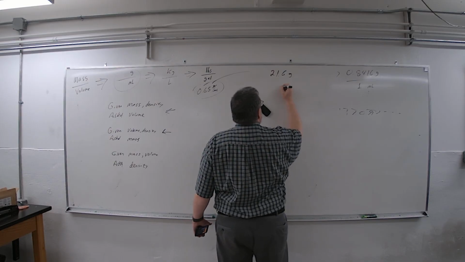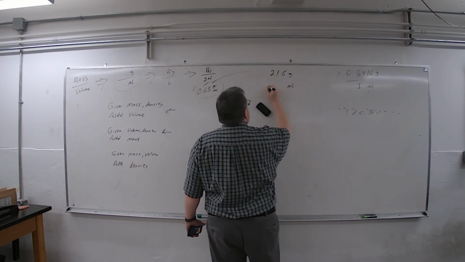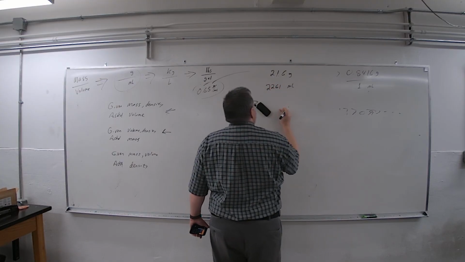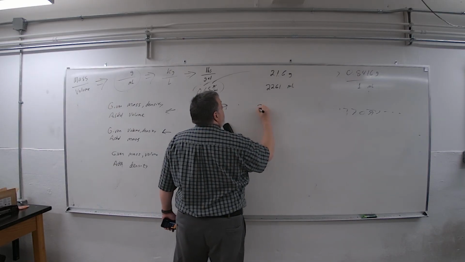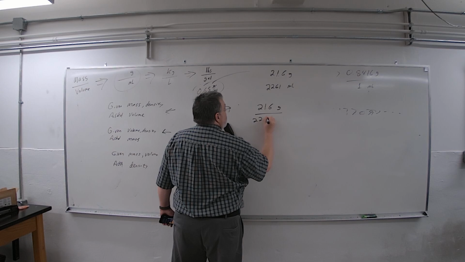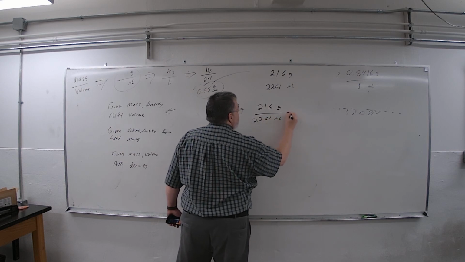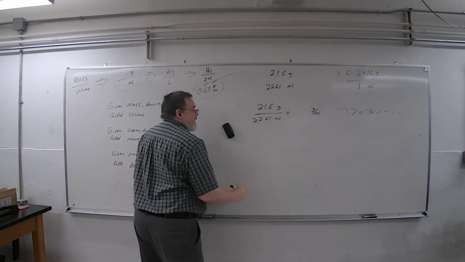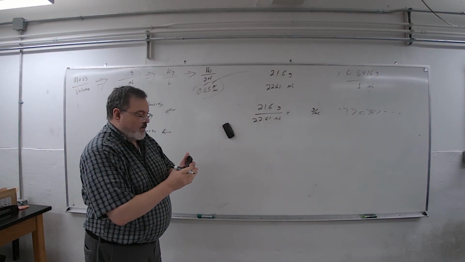And its volume is, try to keep these realistic, 22.61 milliliters. Then you're just going to go 21.6 grams over 22.61 milliliters. The units will just be grams per milliliter on the right, and then you just do the division.